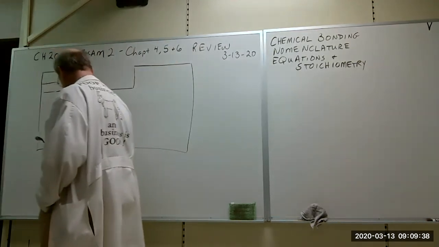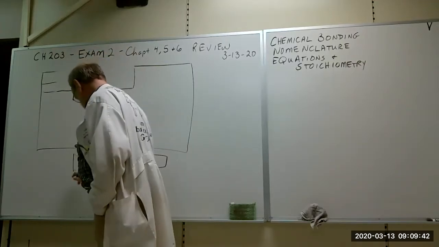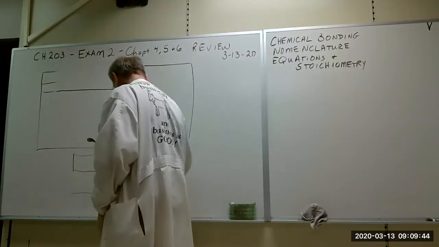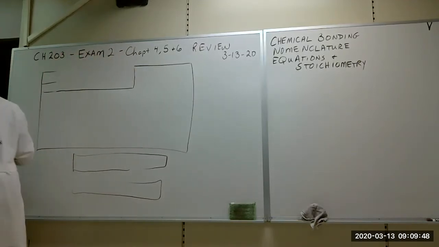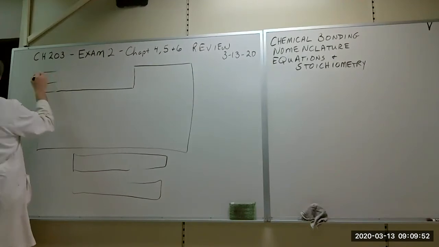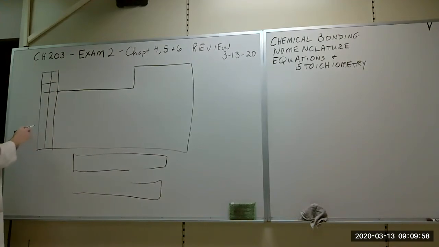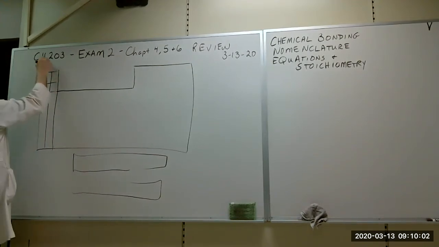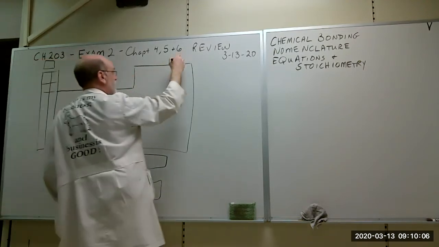And then we got a couple down here. Generally speaking, actually there are 2 groups on this side. These are the alkali metals, and this doesn't include hydrogen. Hydrogen's up there, helium's up here.